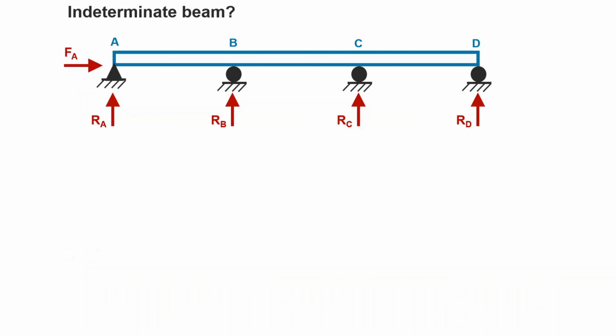So I start with the beam, and because we have 4 supports here, we have 5 reactions, as you see here. The left support has 2 reactions, as I said, because this is a simple support. The other supports are rollers and have just 1 reaction each.